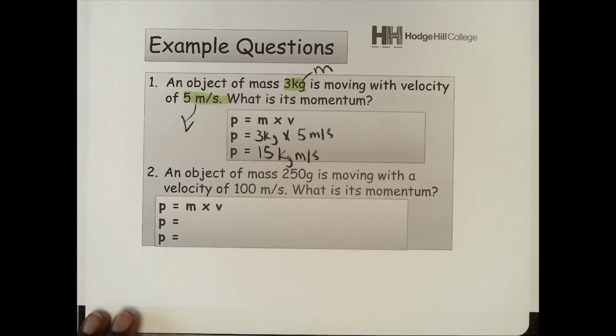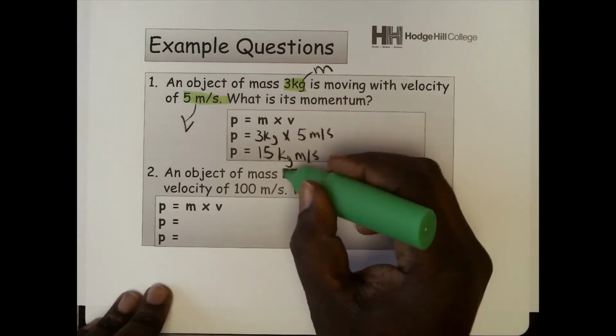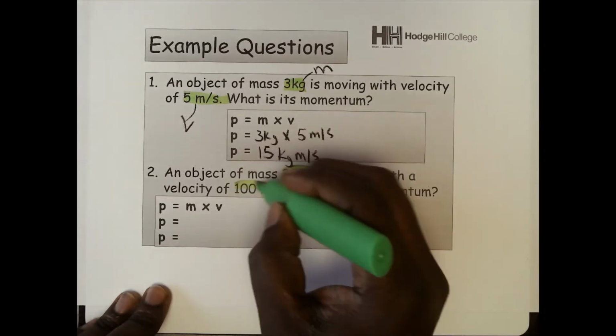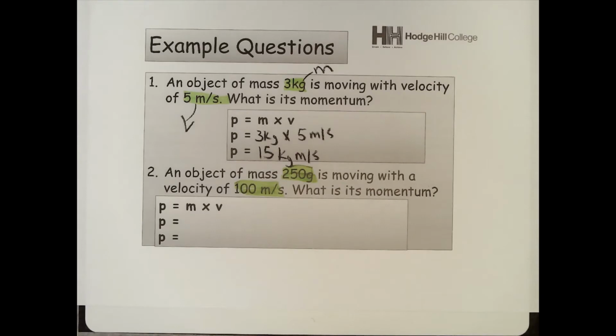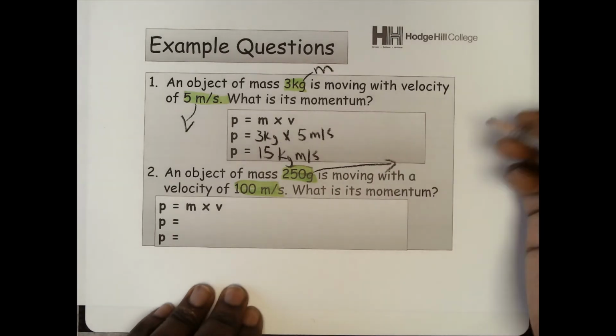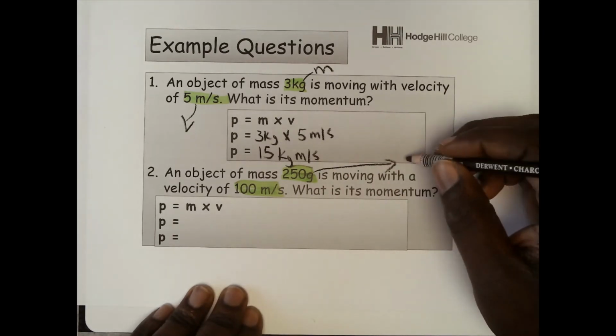Now, for the second one, we have an object of mass 250 grams. And it's moving with a velocity of 100 meters per second. What is this momentum? In this instance, the mass given here is in grams. We need the mass to be in kilograms.